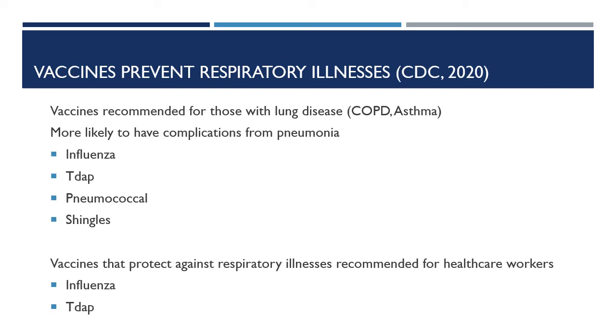And it's from having had chickenpox in the past. Okay, so what about vaccines that are recommended for healthcare workers? Well, typically that would be your annual influenza vaccine and your Tdap, again for the diphtheria and the pertussis.